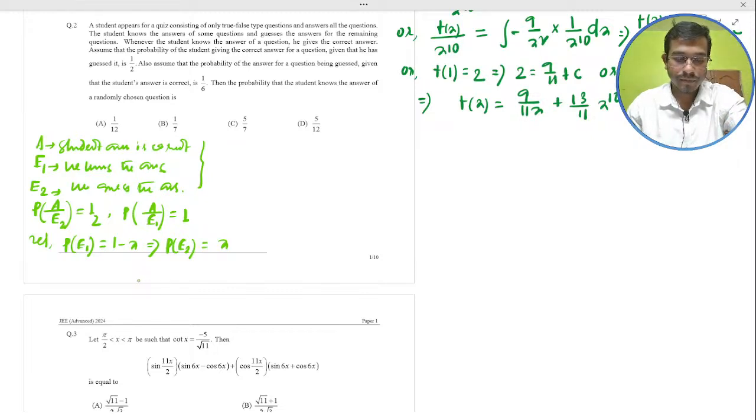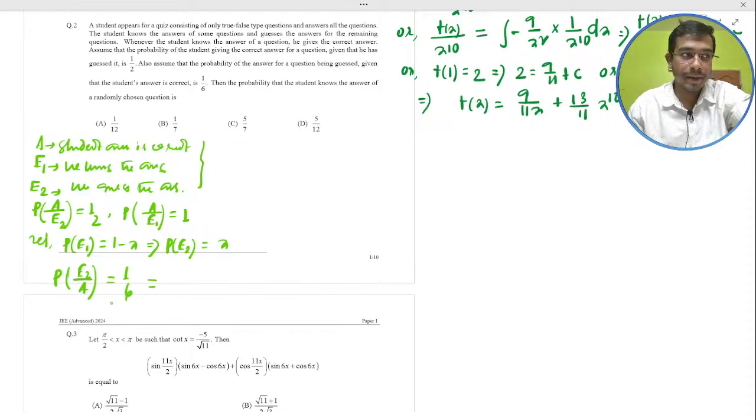Now, given that the probability of guessing the answer, that means P of E2 by A, is given as 1 by 6.